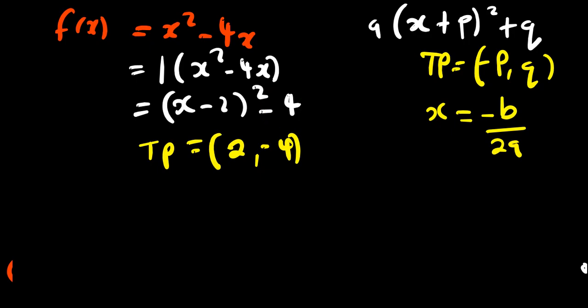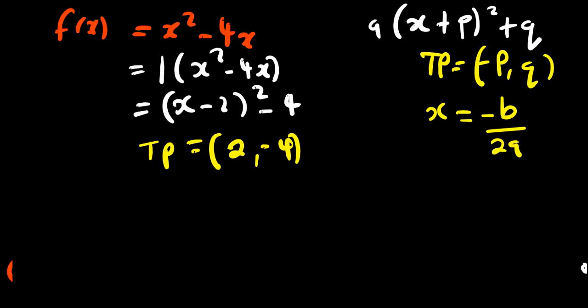Then what other things are you supposed to know? You're supposed to know where the graph is going to cut the x-axis and the y-axis, and that is called the intercept, okay? At the y-intercept, x is equal to 0. At the x-intercept, y is equal to 0.